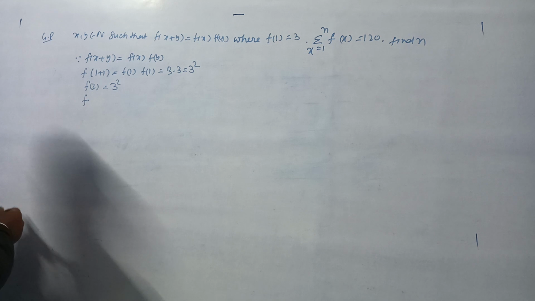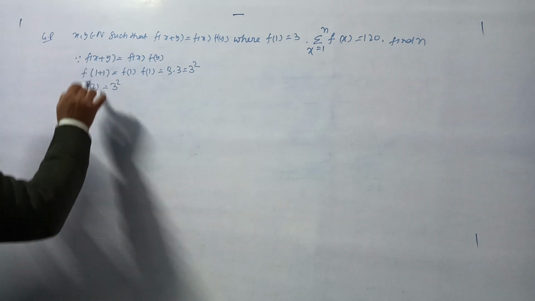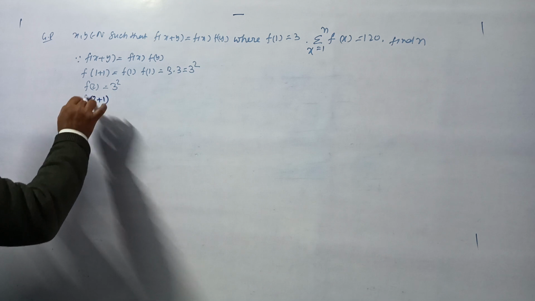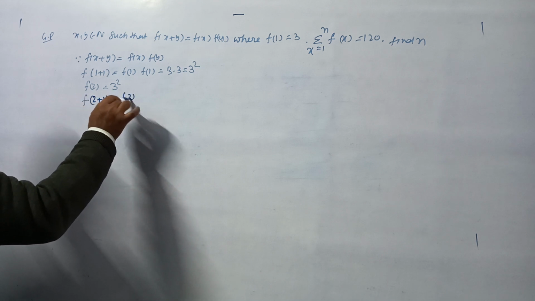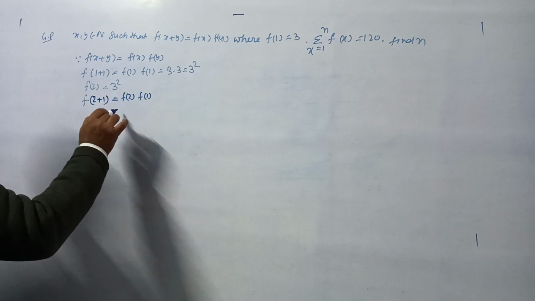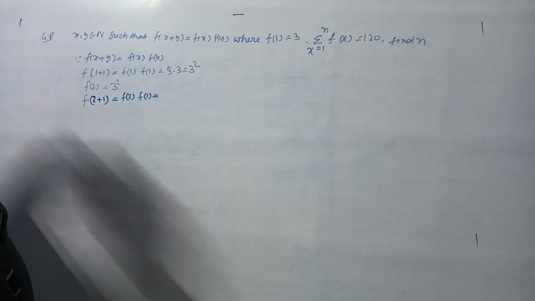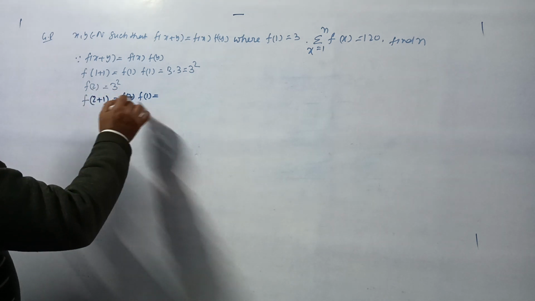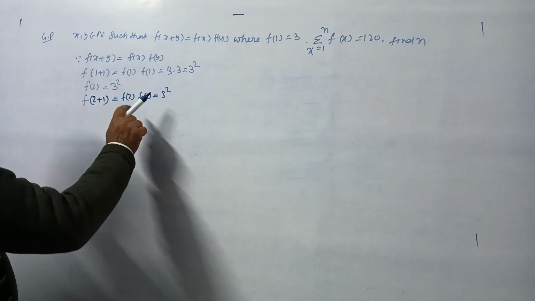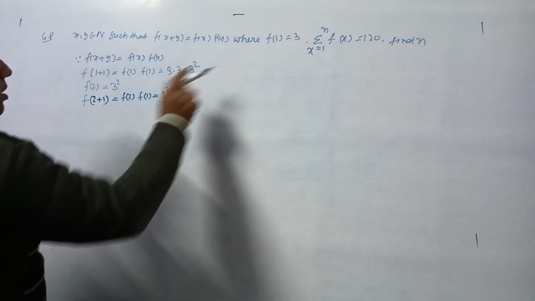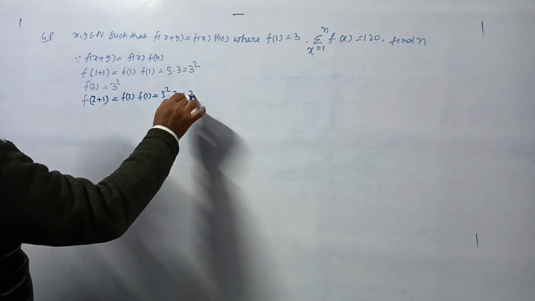Now put 2 plus 1, that gives us f3, which is f2 f1, that is 3 square times 3, so 3 cube.